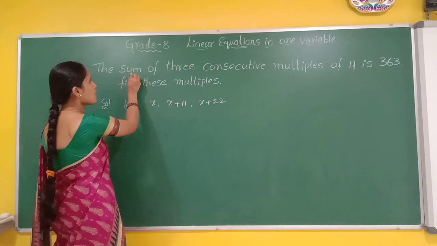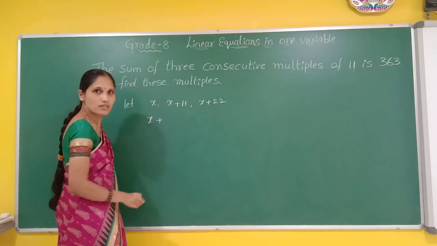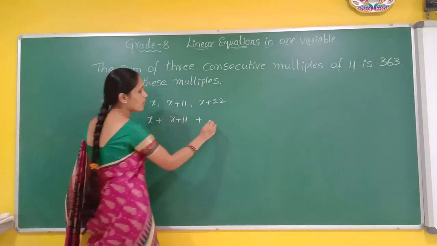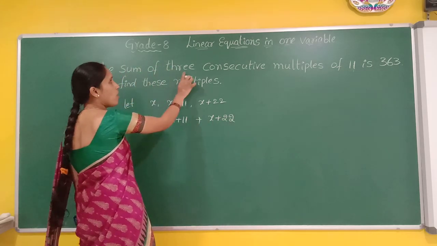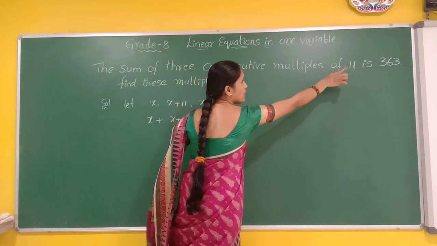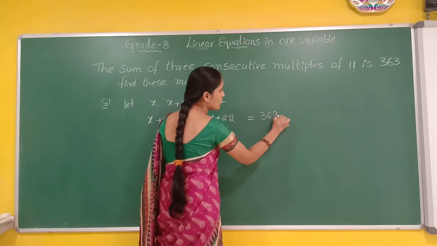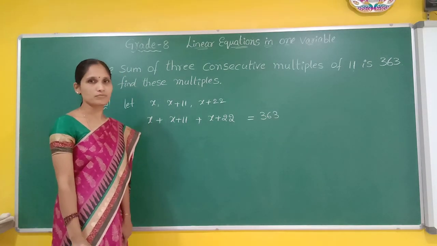Okay, so find the sum of these three numbers: x plus x plus 11 plus x plus 22. The sum of three consecutive multiples of 11 is 363.